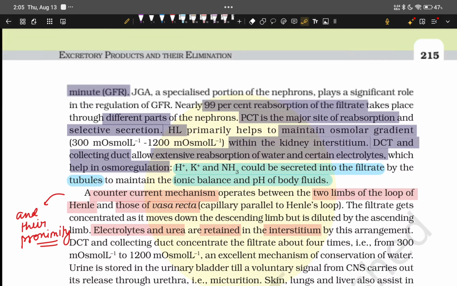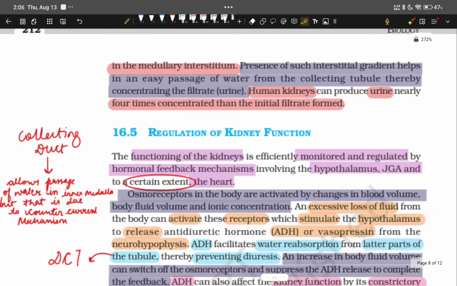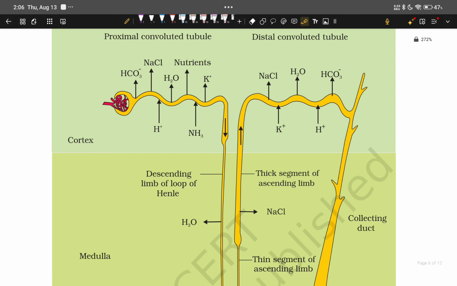I hope this chapter is very clear to you, and especially revise this. Let me show you. This is very important, so please revise this, specifically the tubular secretion part, that PCT secretes H plus and NH3 and DCT secretes K plus and H plus, but mind you here K plus is reabsorbed by the proximal part.